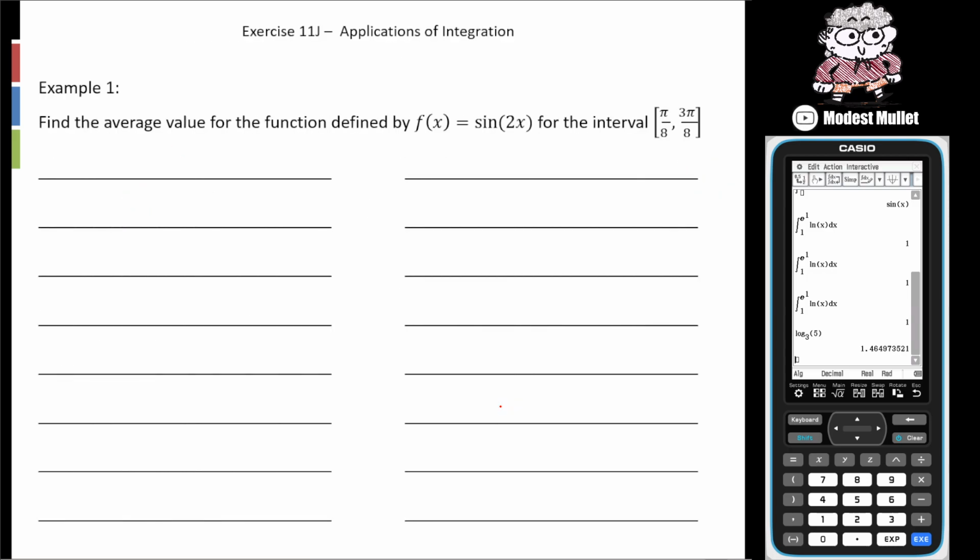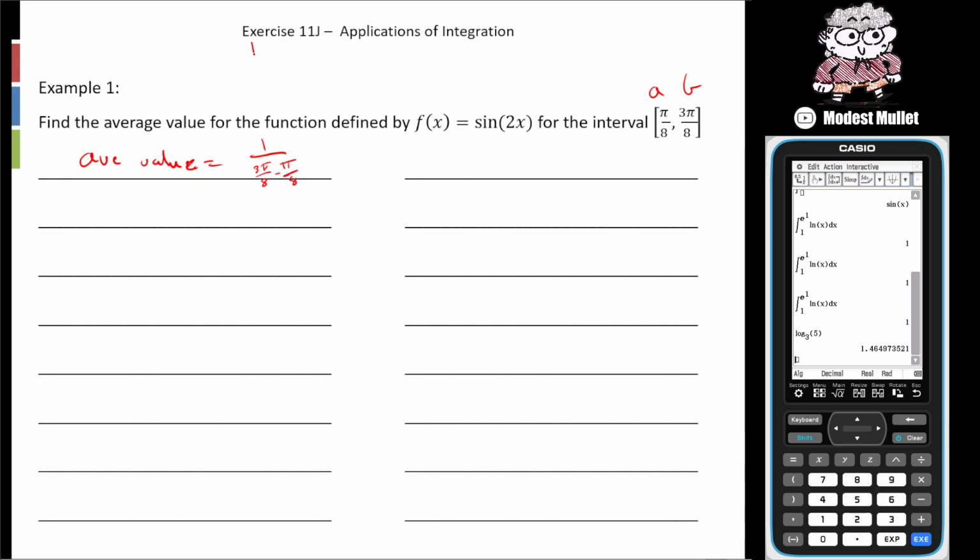But let's get straight into it. Find the average value for the function defined by f of x is equal to sine of 2x for the interval between pi on 8 and 3 pi on 8. So we just said that the average value is equal to 1 on b take away a, so we've got 3 pi on 8 take away pi on 8.